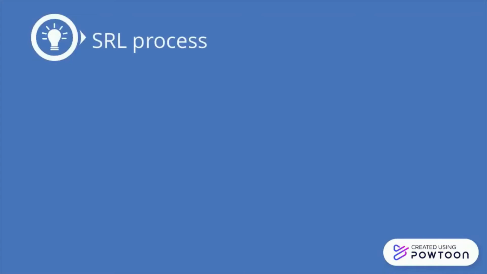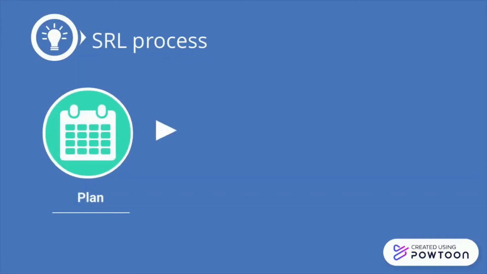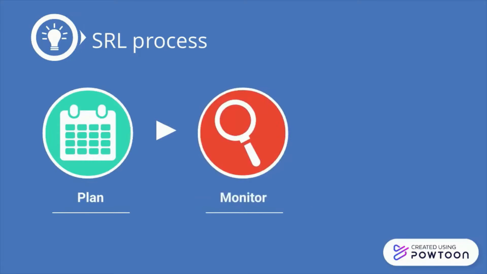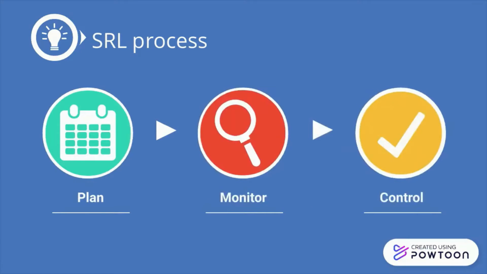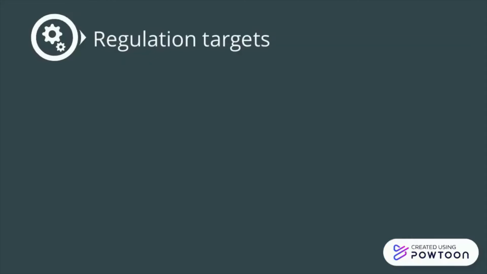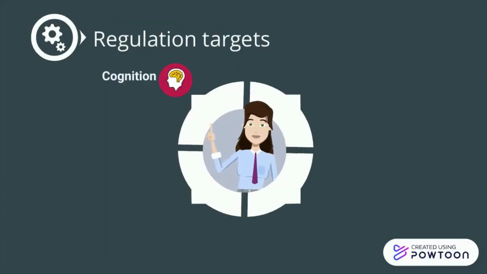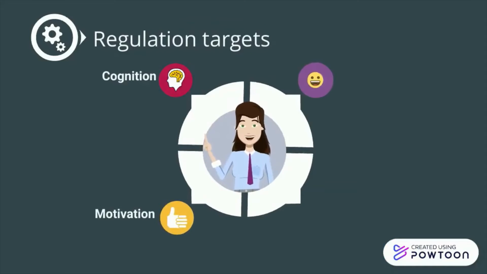When the learner takes actively charge of her own learning, it means that she can first of all plan, then monitor, and also control her own learning process. Regulation can be targeted to students' cognition, motivation, emotions, or behavior.